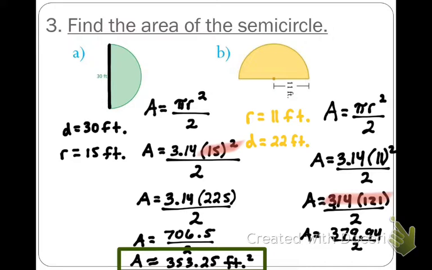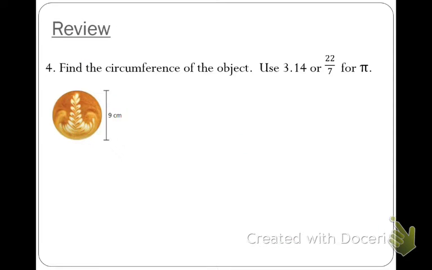When you do that, what do you get? Okay, and what are your units? Feet squared, okay? How many of you would say you and your partner got that together? I got that. All right, let's go to the next one.